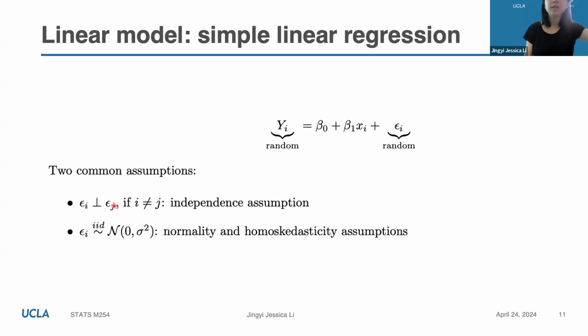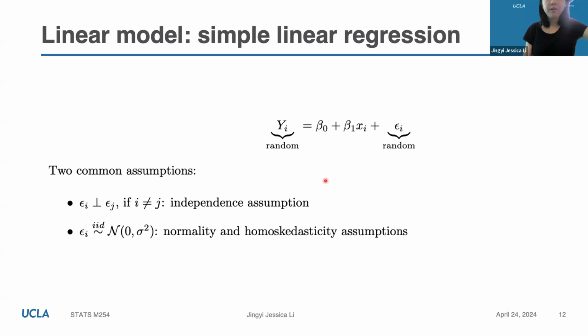The key assumption in the simple linear model is that the noise terms are all independent of each other and IID, which stands for independent and identically distributed, a standard way to say they all follow the same distribution and are independent. They follow a normal distribution with mean zero and common variance. The normal distribution is called the normality assumption, and the common variance in the linear regression framework is called the homoscedasticity assumption. So they have the same variance. Okay, this is the simple linear model.